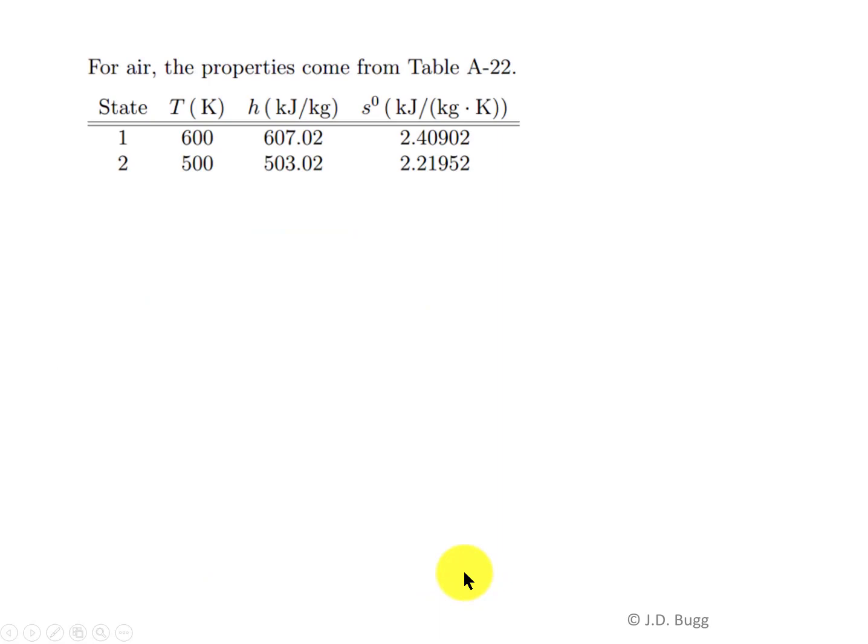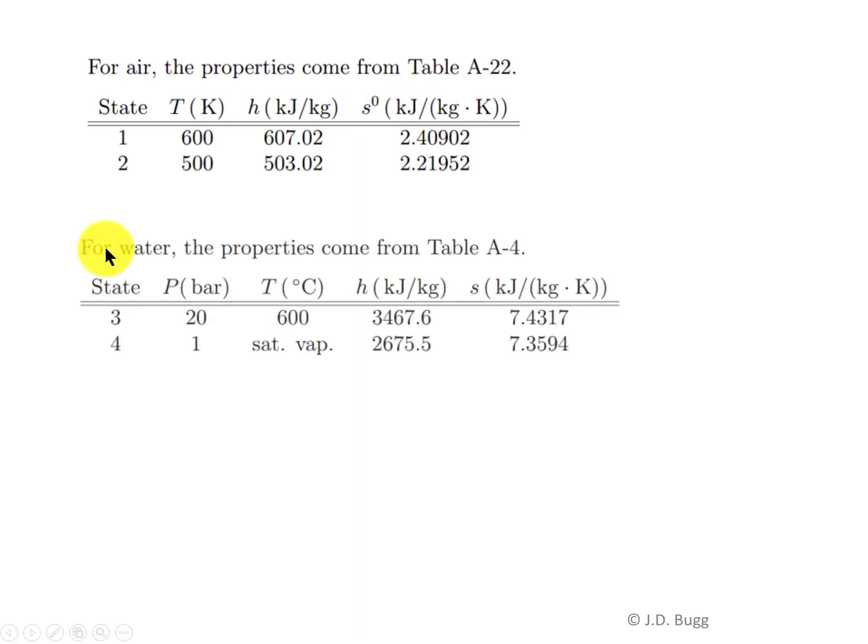So the air properties are going to come from an ideal gas table for air. That's table A22. So at state point 1 and 2, which are at 600 and 500 degrees Kelvin, we have our value of H and our value of S0 taken out of that table. For water, we can go to table A4, and at 20 bar and 600 degrees, we get our value of enthalpy and entropy directly out of table A4.